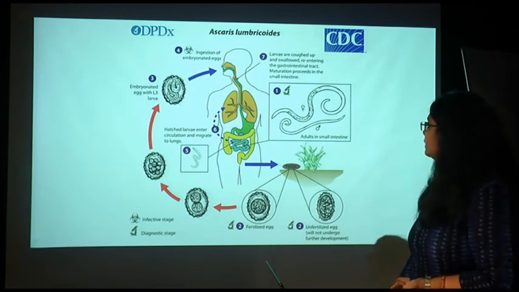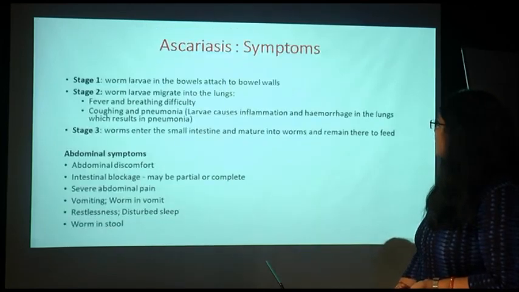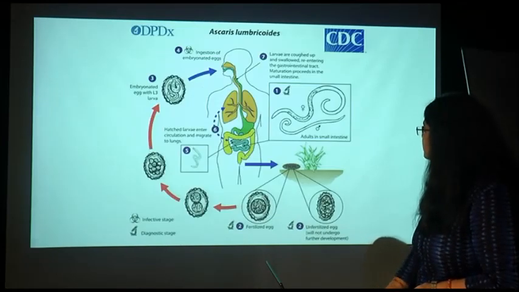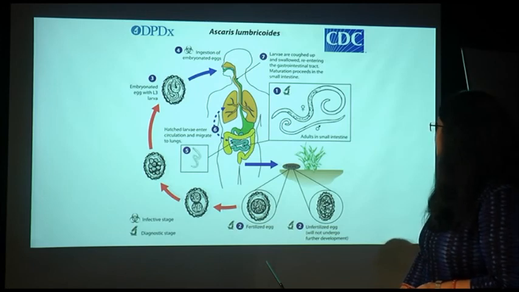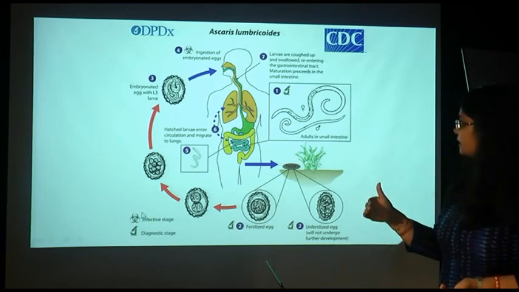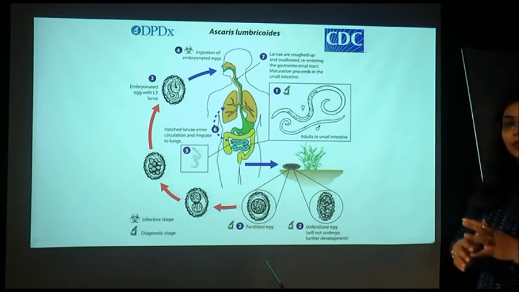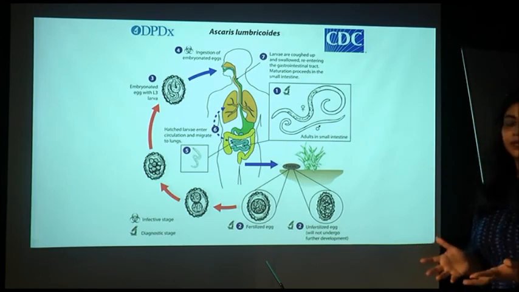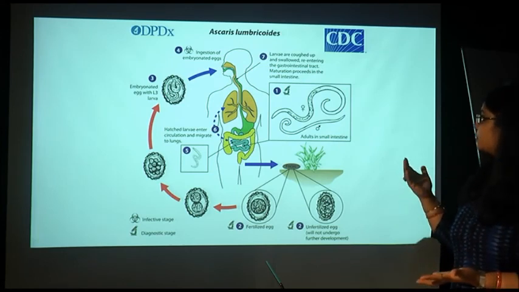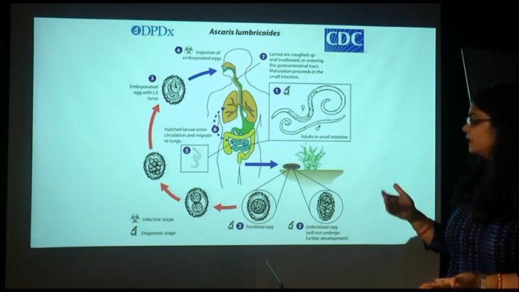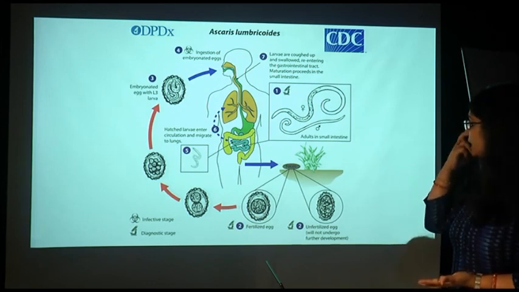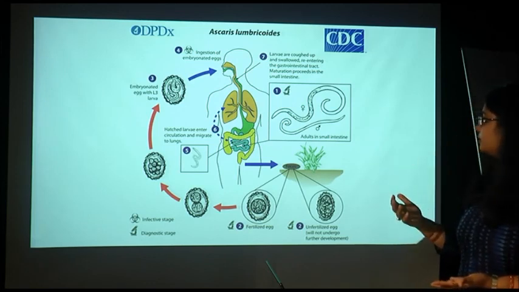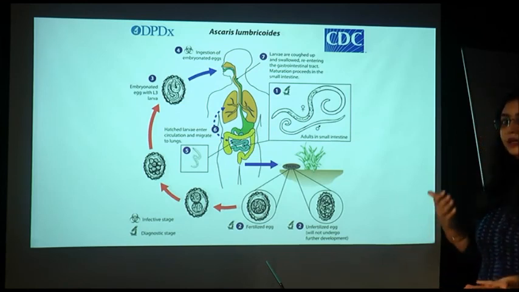When ingested, it passes through the stomach, where the gastric juices help to break the egg membrane, and then the L3 larva is free in the intestine. From the intestine they enter the bloodstream and go to the liver.